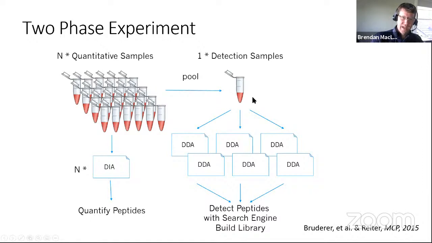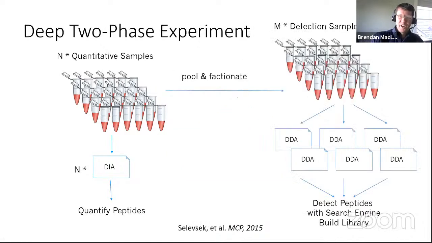This is just replicate analysis of the same sample. They built a library out of that DDA data, and then went back to their quantitative samples. And today, published in the same year, is the Selevsek experiment, also in MCP 2015. I did a bit of a double take yesterday, remembering it was the same year, same journal.